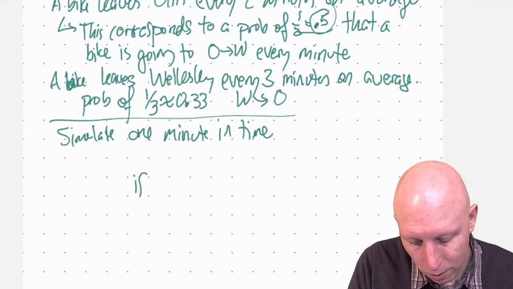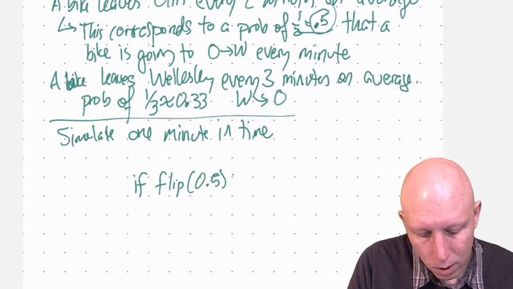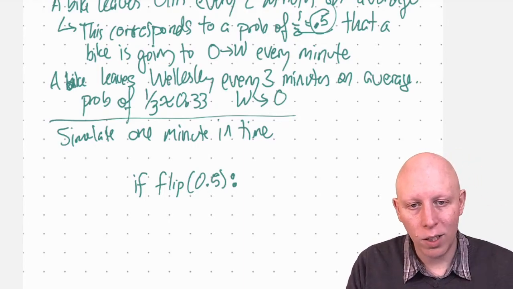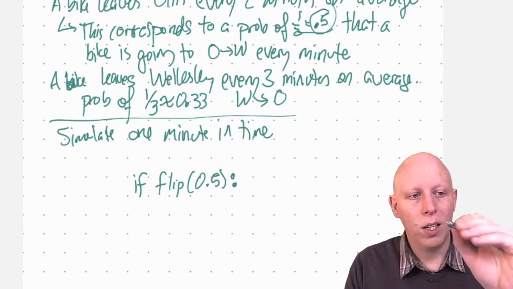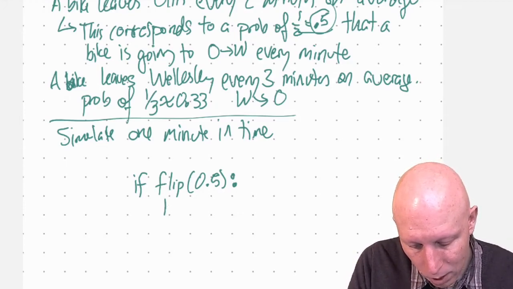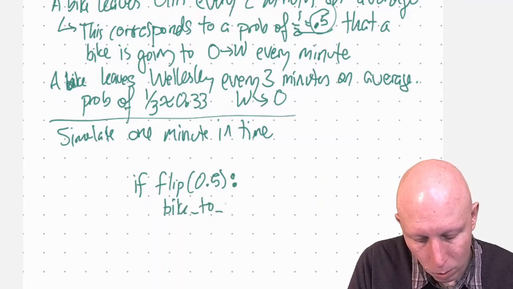We'll say if flip of 0.5, so that's going to be true half the time and false half the time. If it's true, what are we going to do? We're going to send a bike to Wellesley: bike_to_Wellesley.